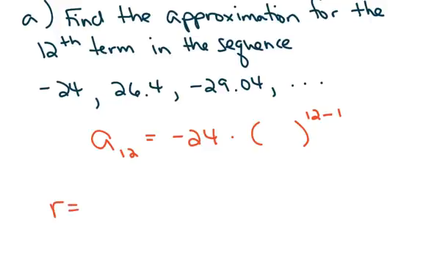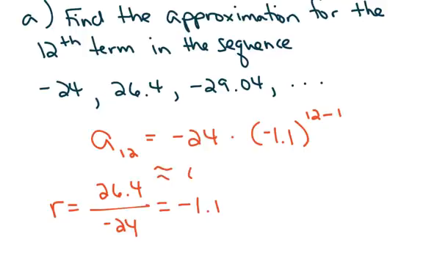The common ratio is the second term divided by the first term, which is negative 1.1. Before you put it in your calculator, I would probably change 12 minus 1 to 11. So negative 24 times negative 1.1 raised to the 11th is approximately 68.47.